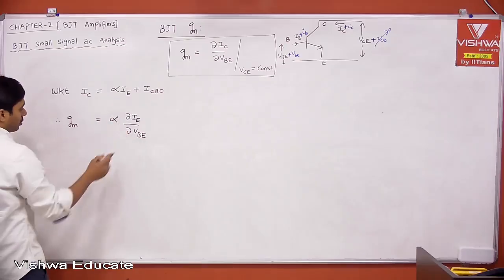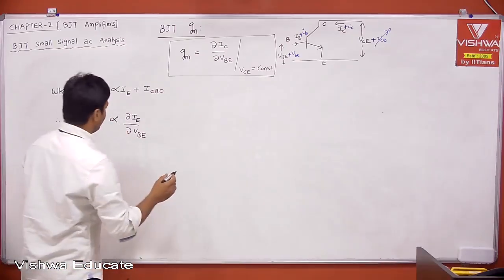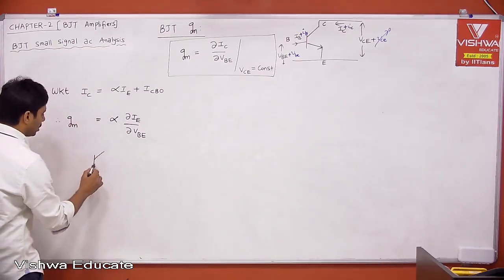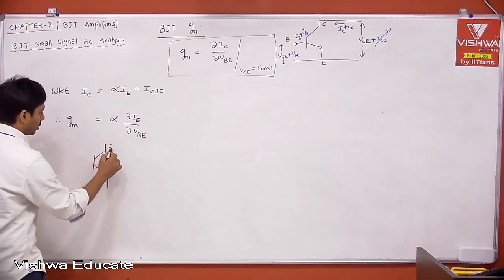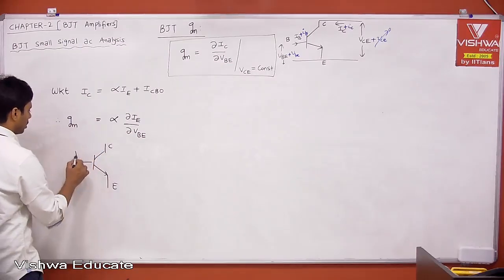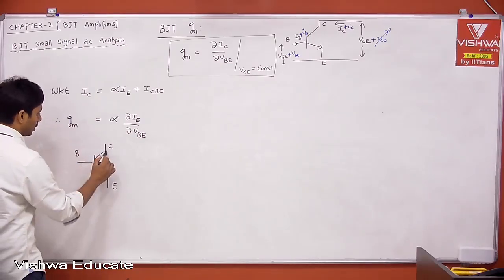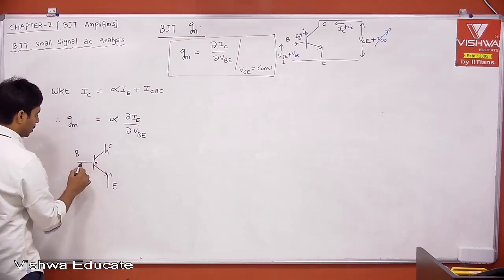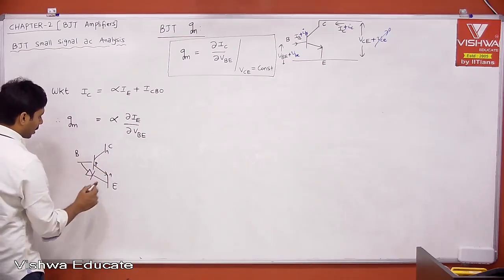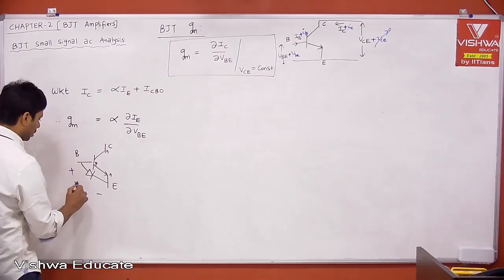Therefore, now we want to know the relation between them. If you take your BJT, this is collector and then emitter, this is base, and this is an NPN transistor, right? Therefore this is the PN junction diode. Then we know the VBE and the current IE.